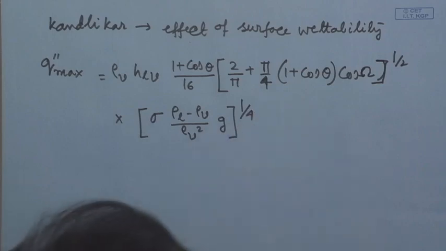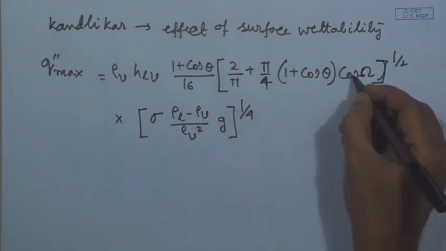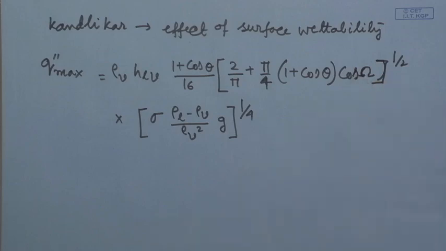So, this is a lengthy expression, not really a correlation, but one can make it shorter if we take the ratio of q max double prime to q max z double prime. Here theta is the contact angle, and there is another parameter which has been incorporated, that is this capital omega.